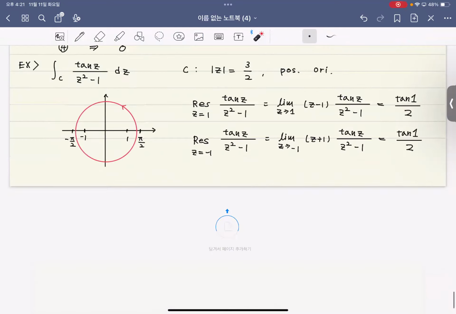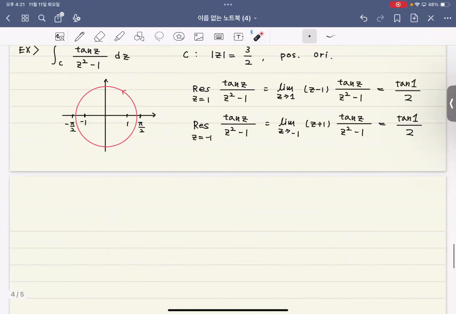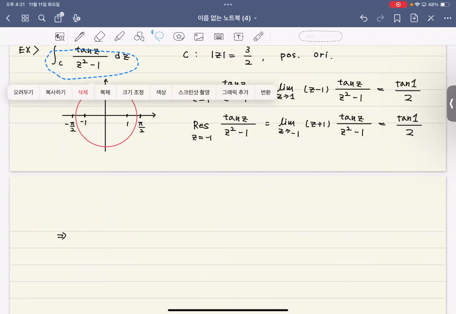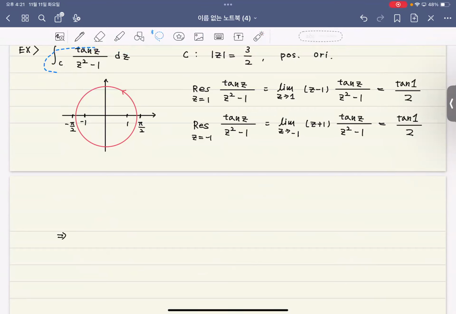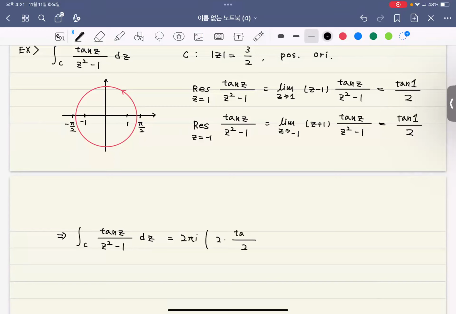Okay. So the answer is just 2 pi i times 2 times tangent 1 over 2. So 2 pi i times tangent 1. Okay. All right.